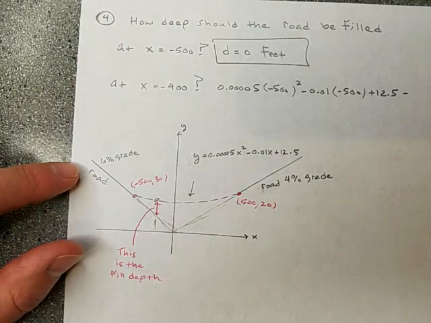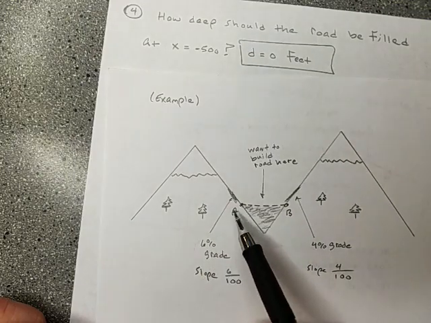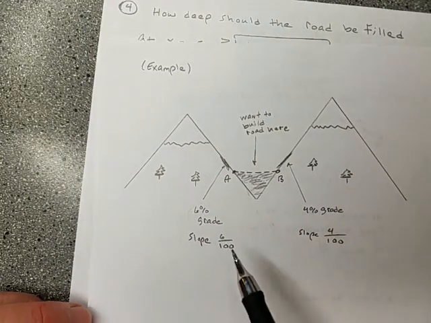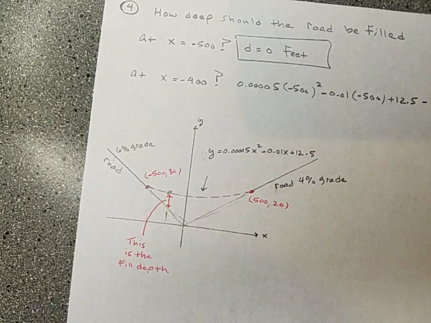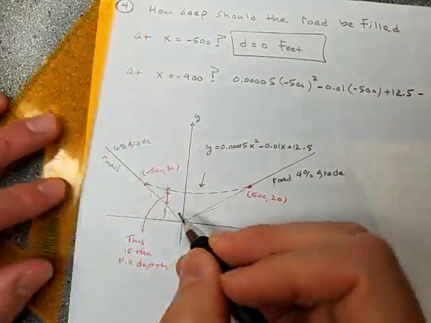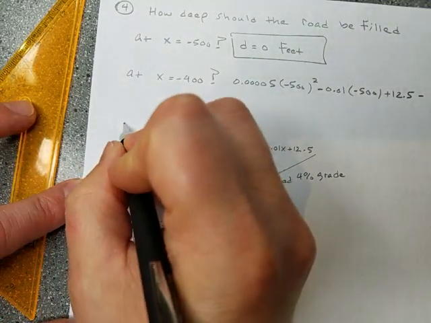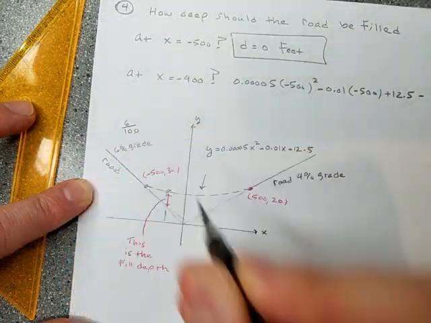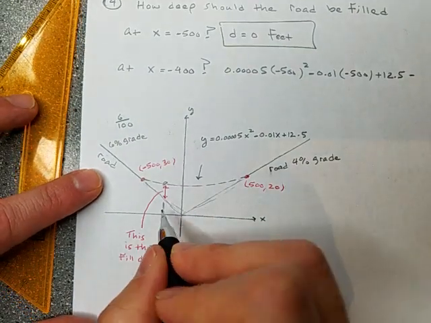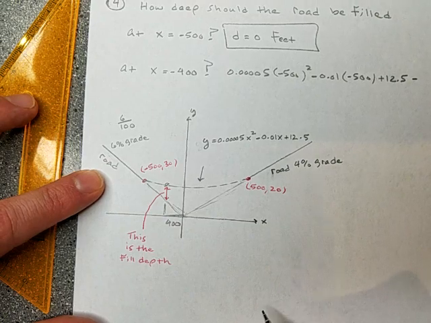Let's think back to the beginning. That's got a 6% grade over here, so the slope is 6 over 100. Okay. So if the slope of this is 6%, or 6 out of 100, then what if this was 400 that way?